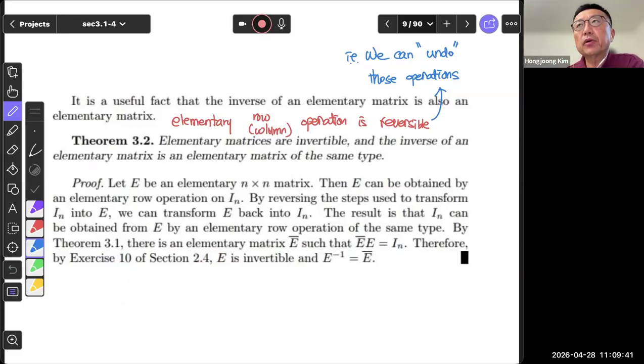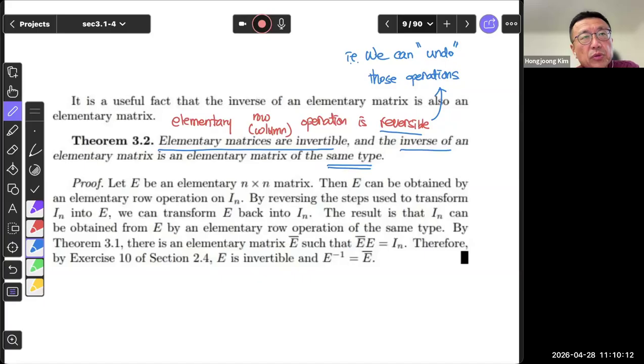So the theorem 3.2 says elementary matrices are invertible. In other words, elementary row operation is reversible so that we can undo those elementary column or row operations. And the inverse of an elementary matrix is also an elementary matrix of the same type, right?